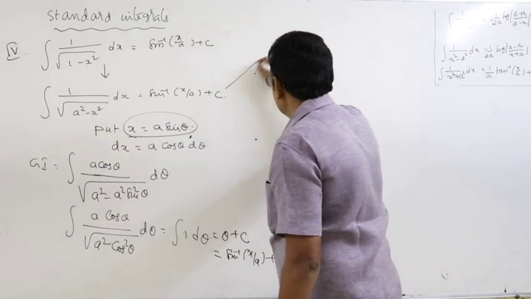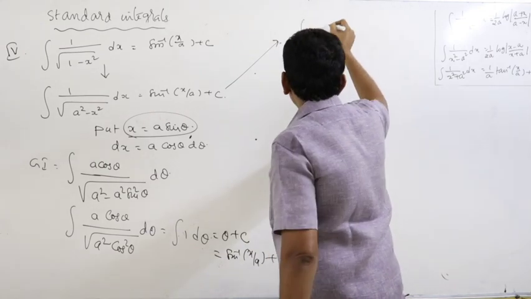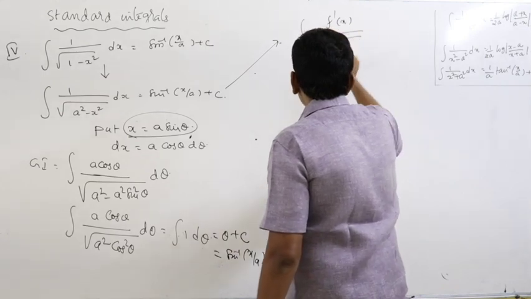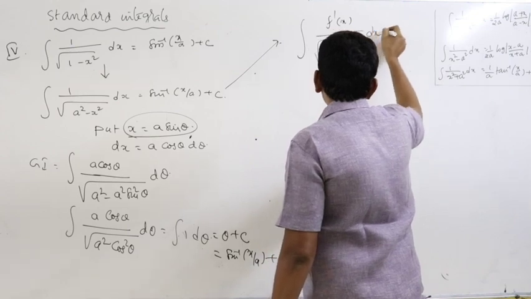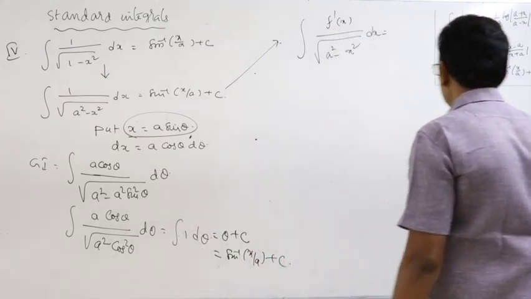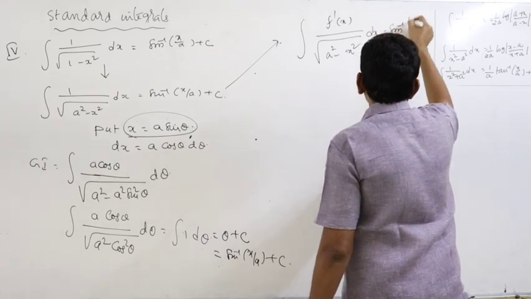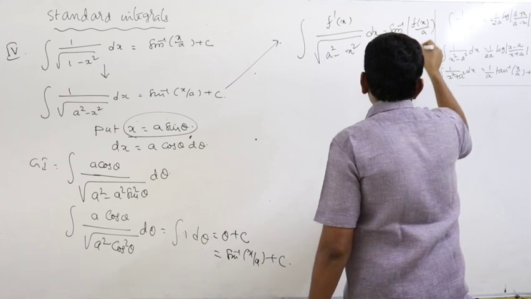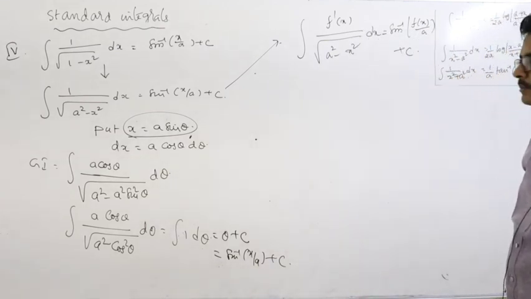So, for this one, the advanced model is, that means what? Integral f dash x by root of a square minus f of x whole square dx is equal to sin inverse of f of x by a plus c.